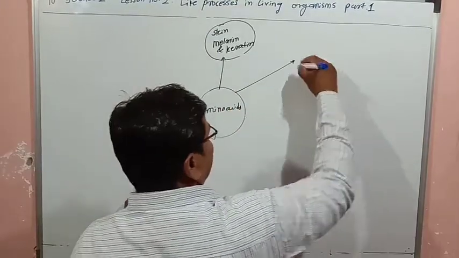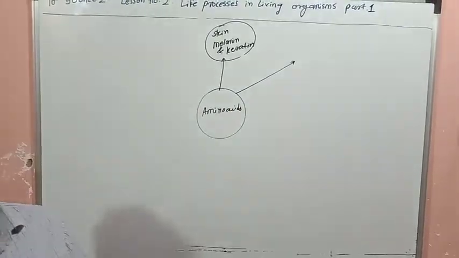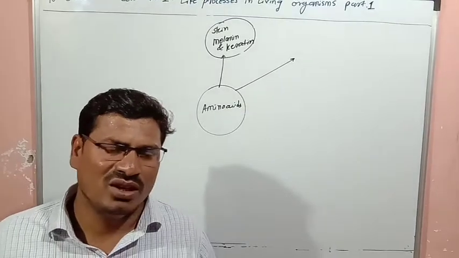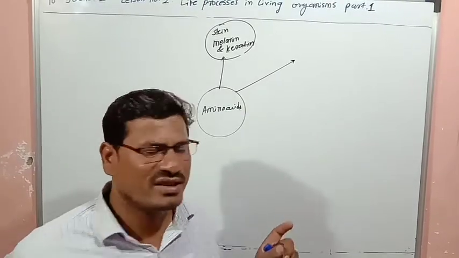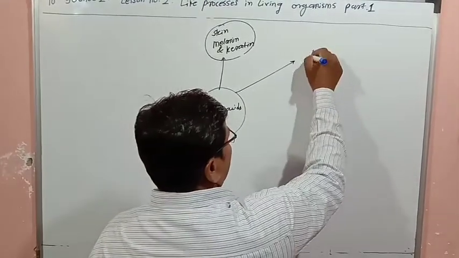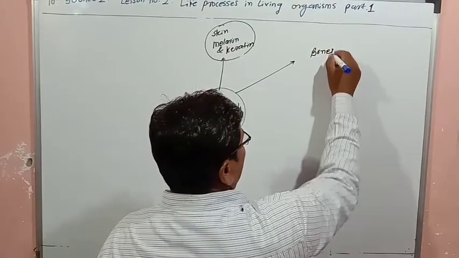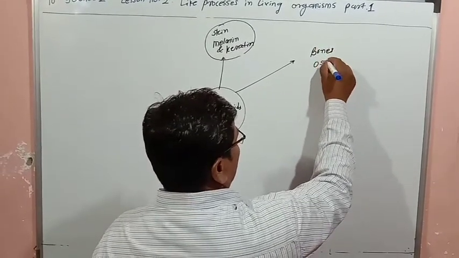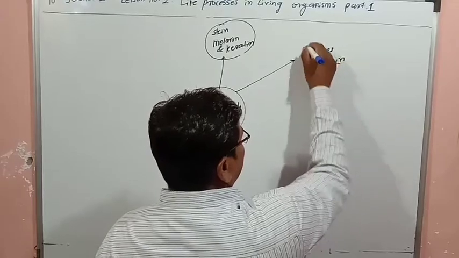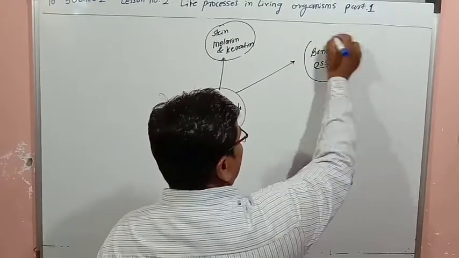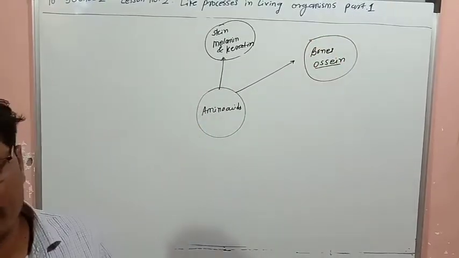Next, if you take bones, in the bone also protein is there, and the name of that protein is osseine.